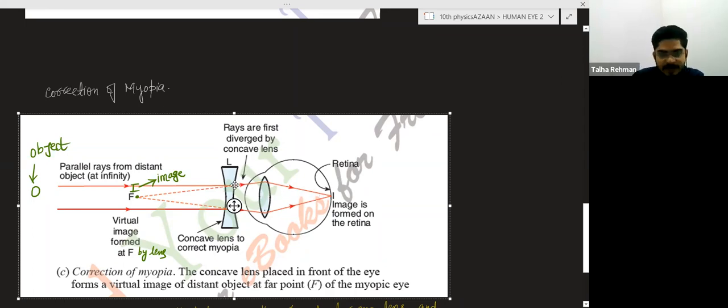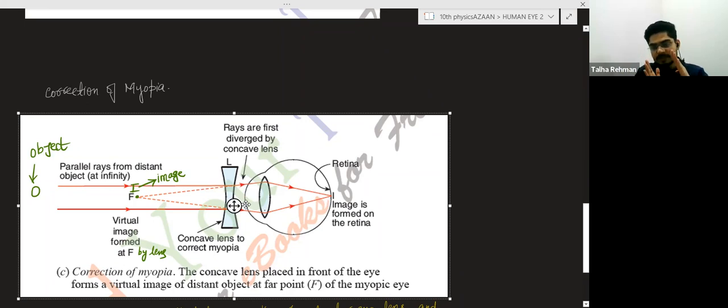So in between the object and the eye you place a concave lens, and a concave lens, you know, is a diverging lens. So rays are diverged by the concave lens. From this object the rays will be like this. These rays first strike the concave lens, and refraction will take place, and there will be some diversion of these parallel rays like this.